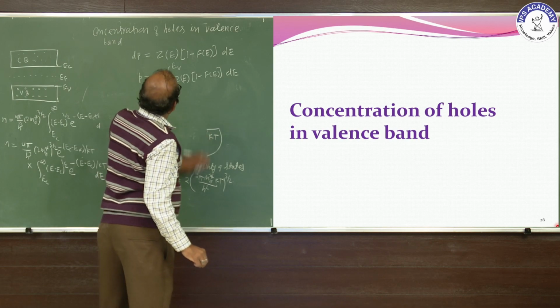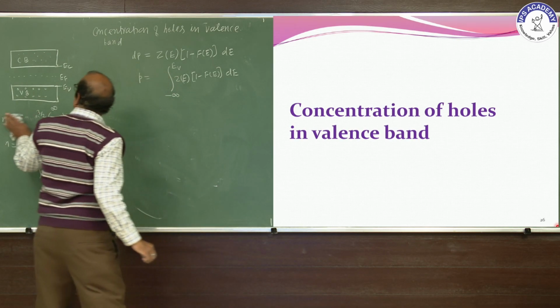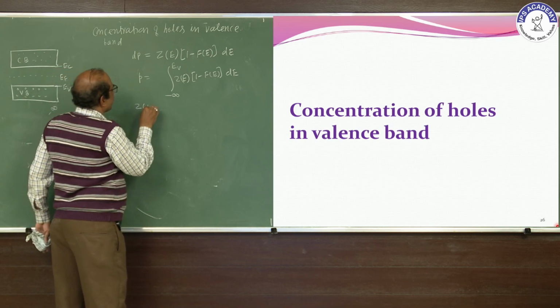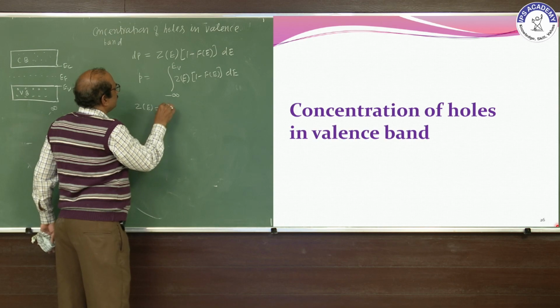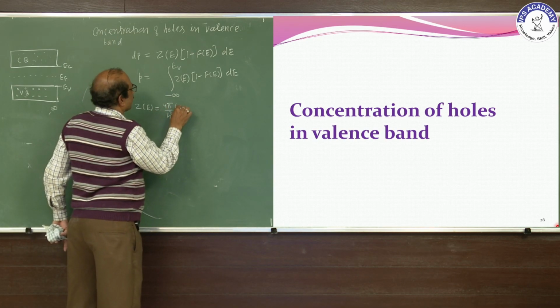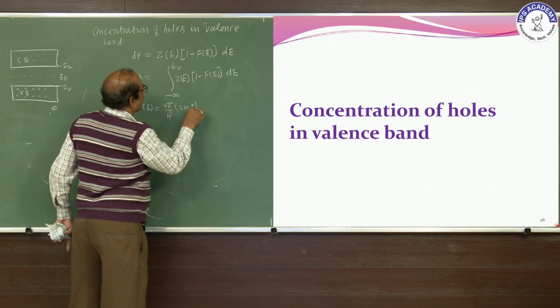Now the density of states, again in case of the valence band, we can write ZE equals 4 pi upon h cube into 2 mp star, where in place of mn star we write mp star.